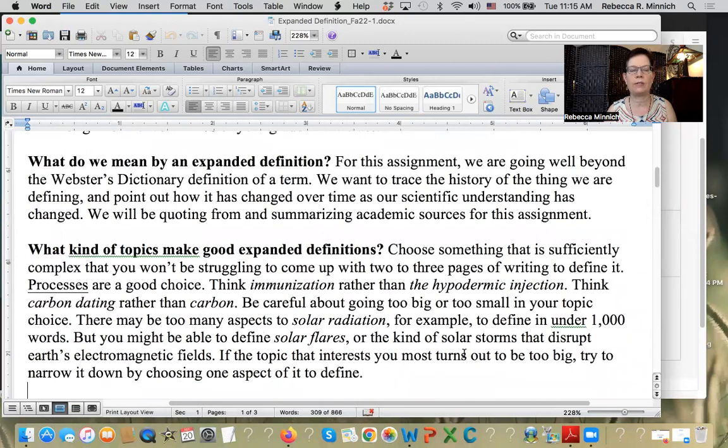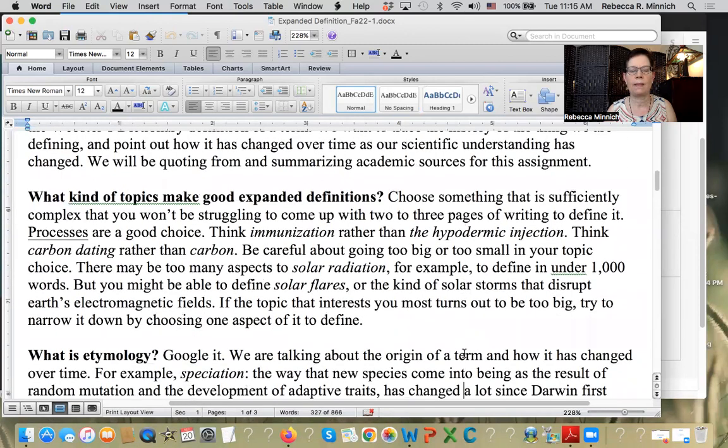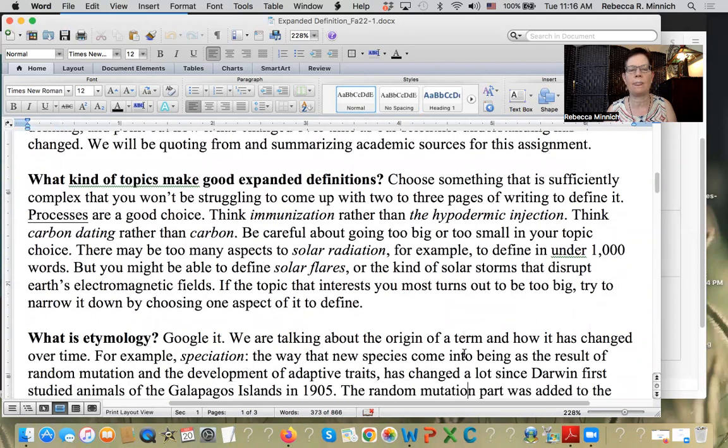We want to point out how it's changed over time. So in this sense, there are certain topics that work a lot better than others. Topics where the science has advanced over generations or over decades and has changed how we understand the thing that's being defined. So scientific processes are a good choice for a topic for this assignment.